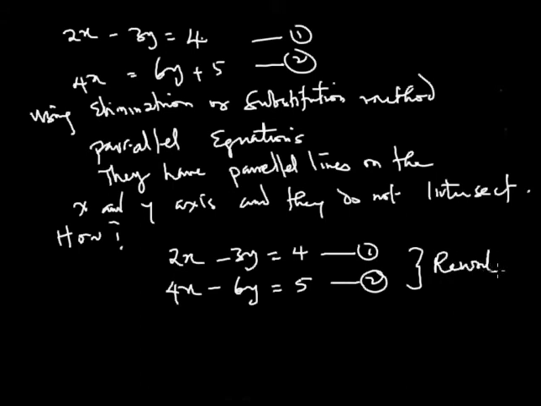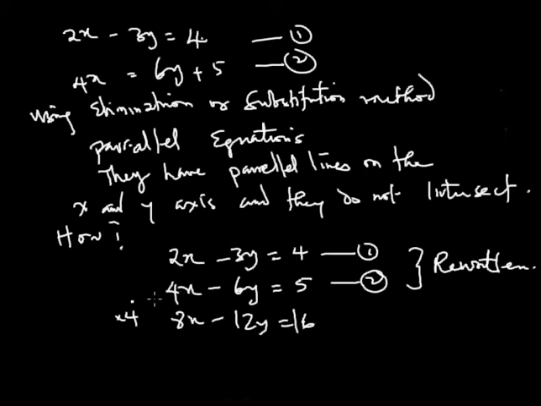So when we multiply this by 4, we have 8x minus 4 multiplied by 3 gives 12y is equals to 16.